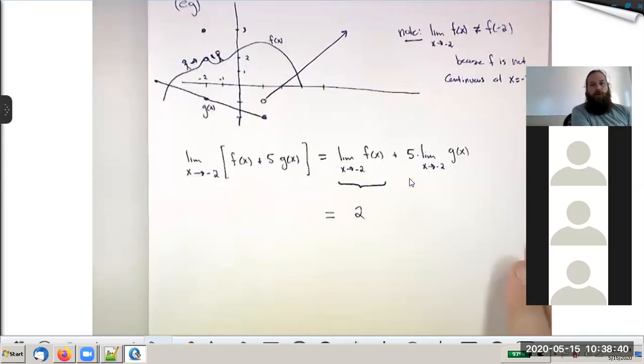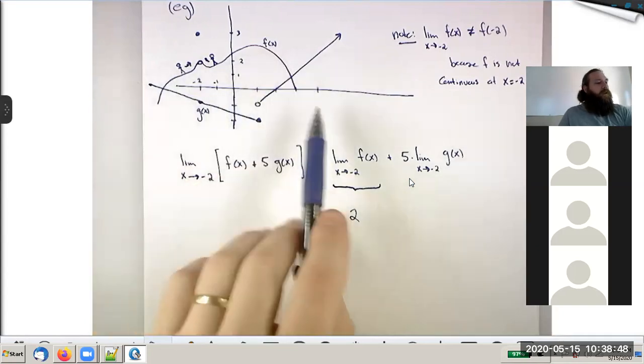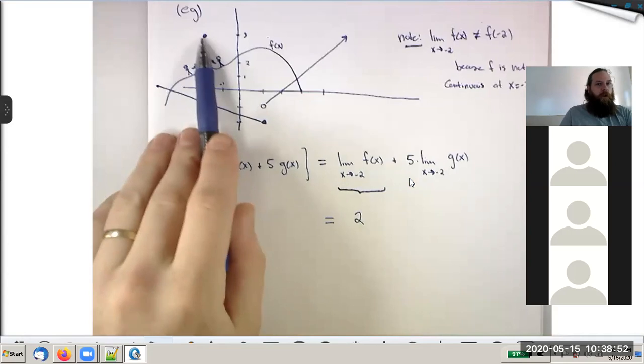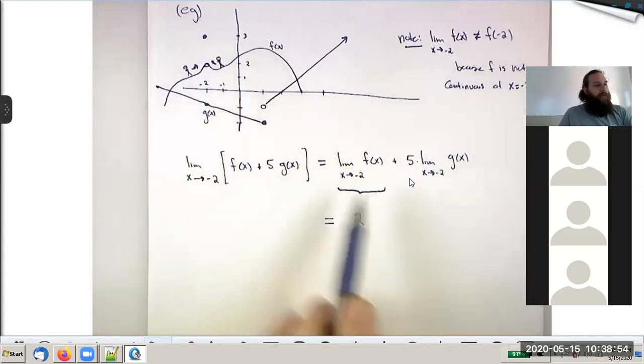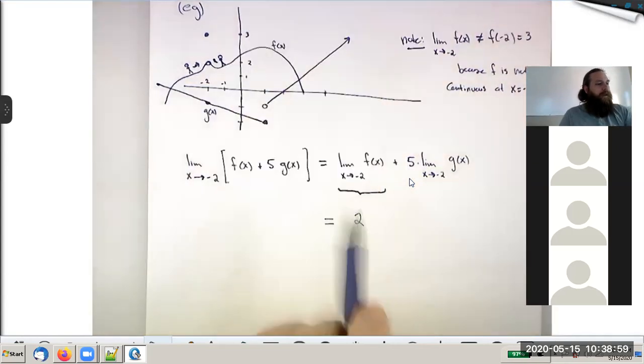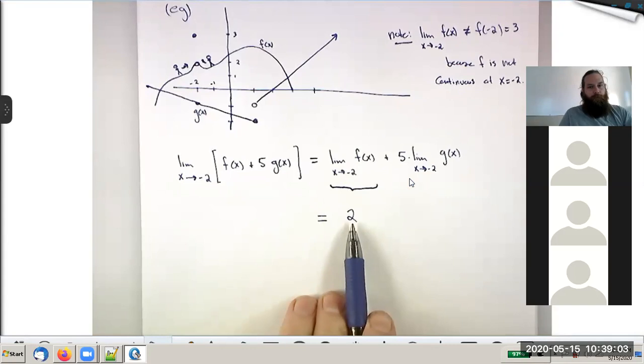We haven't talked about a precise definition of continuity, but I know that you all have an intuitive definition of continuity, right? Can you draw the graph without lifting your pen? And here, I can't draw the graph of f without lifting my pen, because specifically here at negative 2, there's this bizarre jump. So while f of negative 2 is equal to 3, the limit as x approaches negative 2 of f of x is equal to 2.